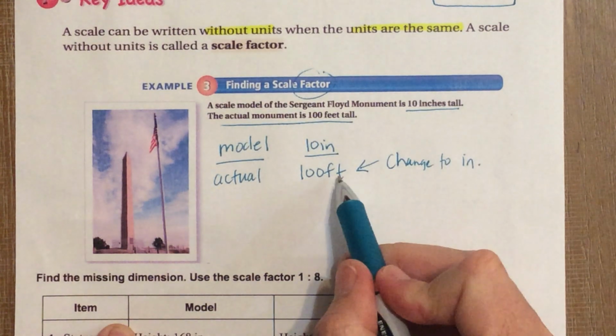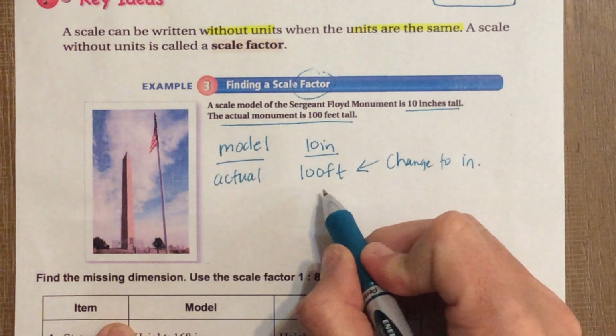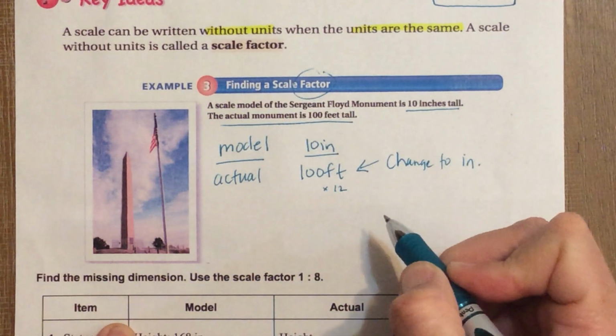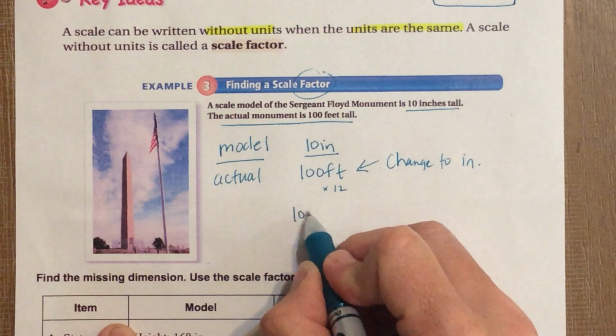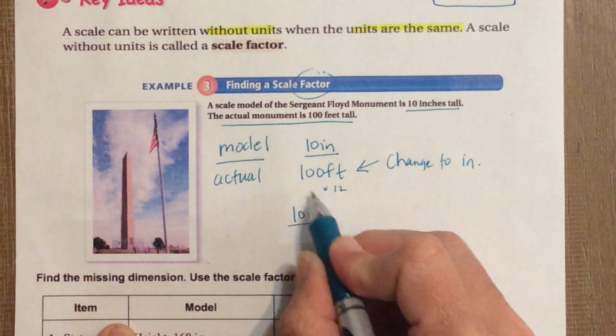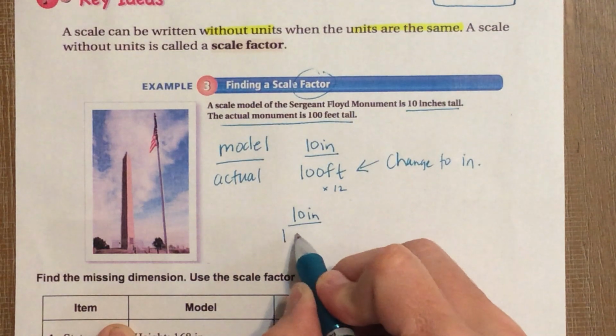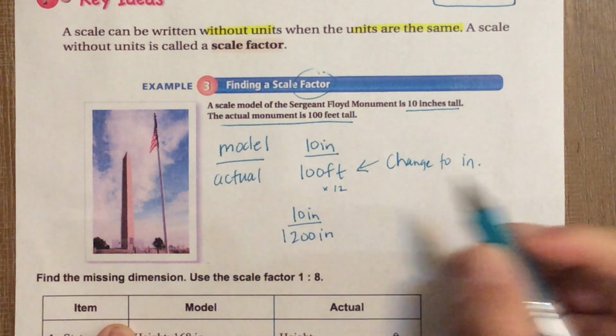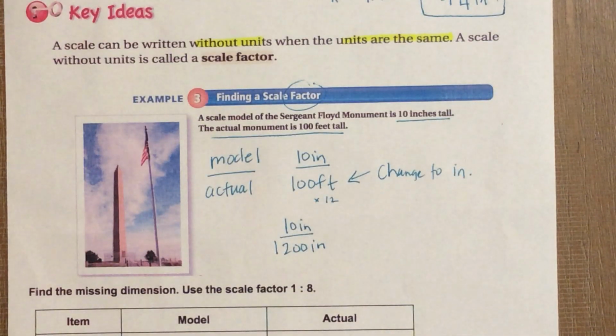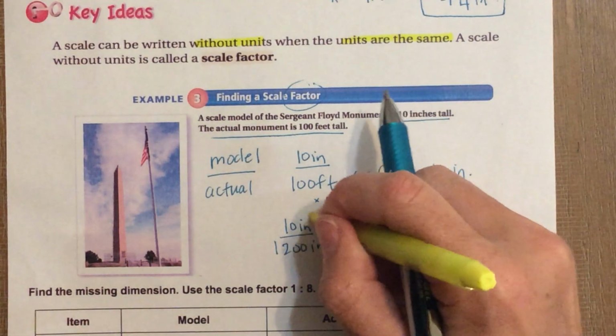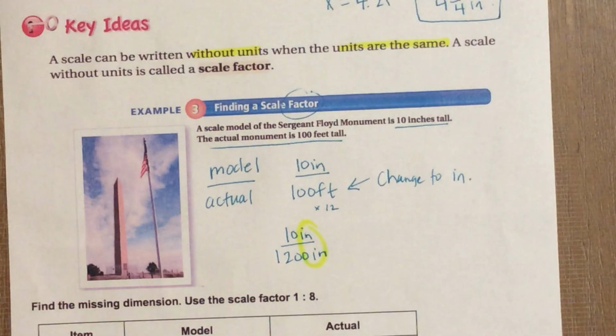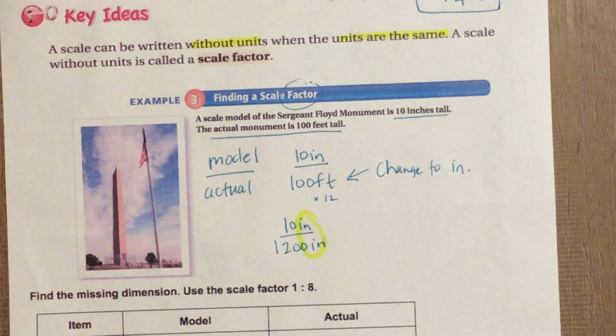And how do I change 100 feet to inches? I would just multiply this by 12. Okay, so I know that 10 inches and then 100 times 12 is 1,200 inches. And look, we are on our way. We have the same units, inches over inches.